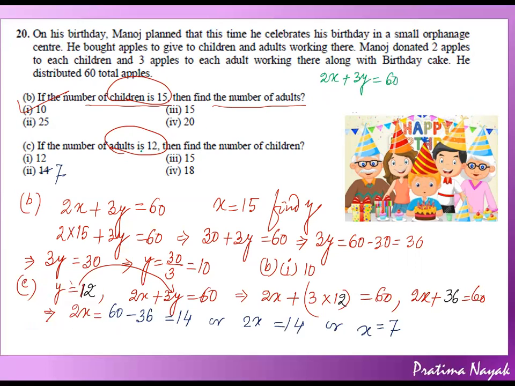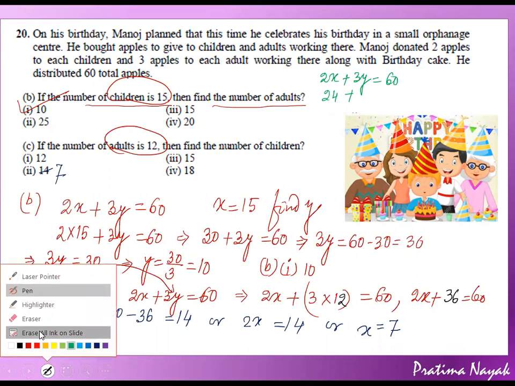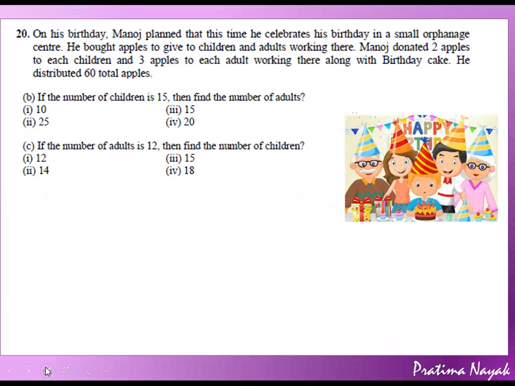So when I'm putting adults are 12, then it's 24 plus... I'm solving this again.